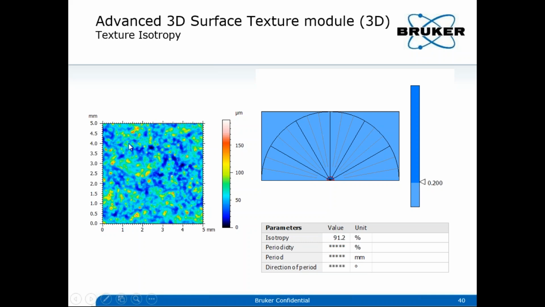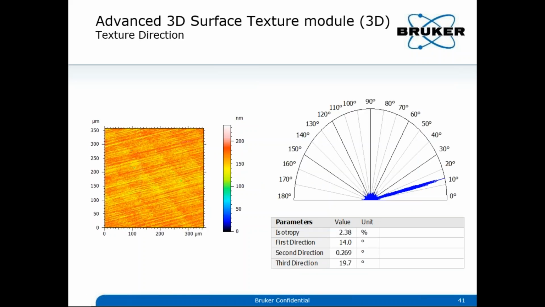But if you compare to the next surface, which has a lot of machine marks, you can see that the first direction is 14 degrees, and the second direction is 0.26, and then the third direction. There are several machine lines that appear on this surface, and you can report them using this software.